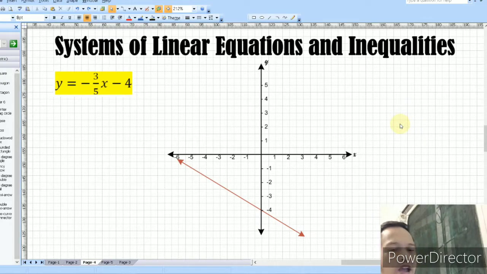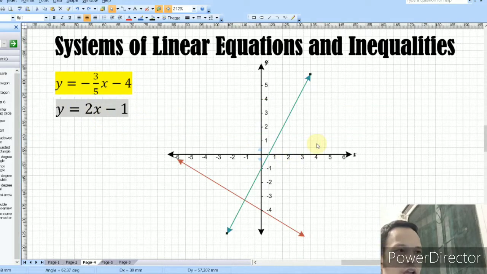Then if I have another linear function, y equals x minus 1, and I present it on the graph like this, this is another, different linear function. This blue line represents all ordered pairs that satisfy this equation, which are all the solutions of this function.